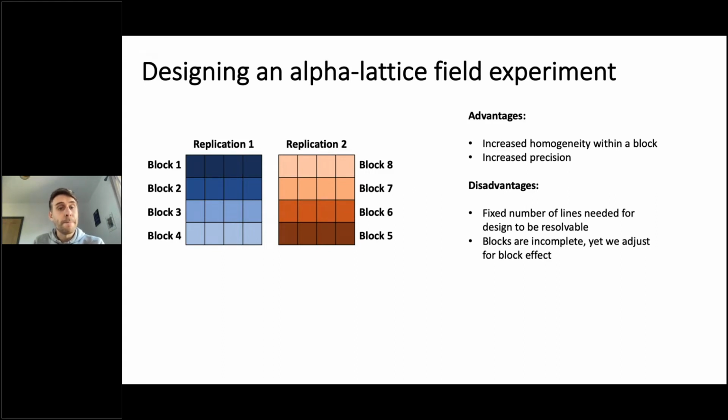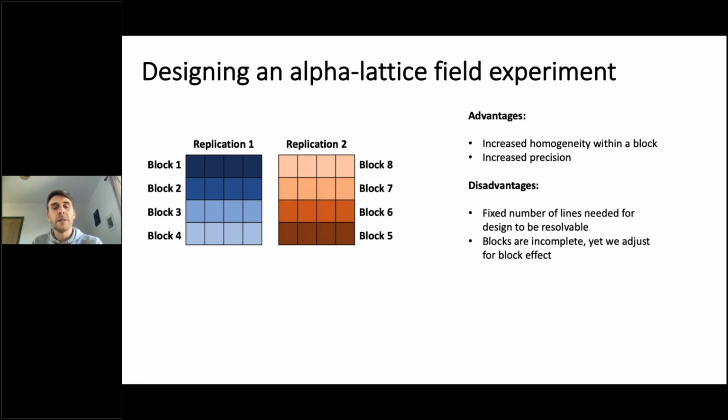As with any design that you might work with, there are always disadvantages, and that's also the case with alpha lattice experimental designs. For any particular design you might have, you have a fixed number of treatments or genotypes. You have to have a certain number of genotypes for a design to be resolvable. And when you're modeling your data, we're accounting for block effect nested within replicate.